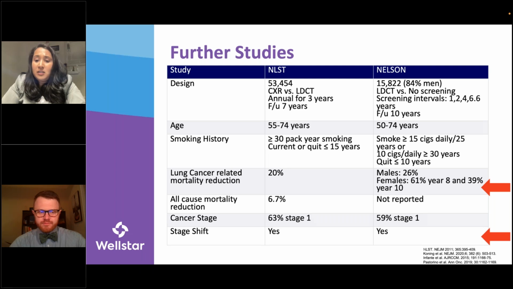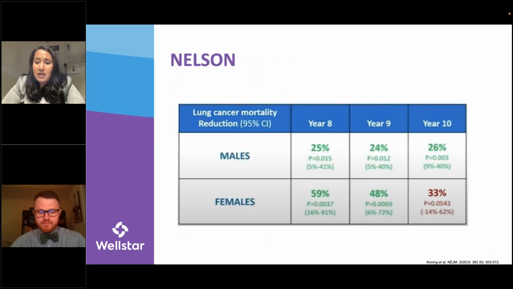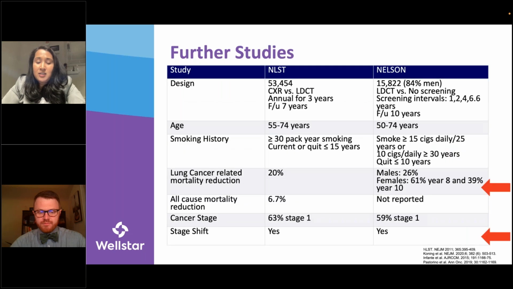After this came the Nelson trial. This is the second largest randomized trial that we have to date looking at lung cancer screening programs. In this study, about 16,000 patients were enrolled with an age range of 50 to 74 years, so more than the NLST trial.